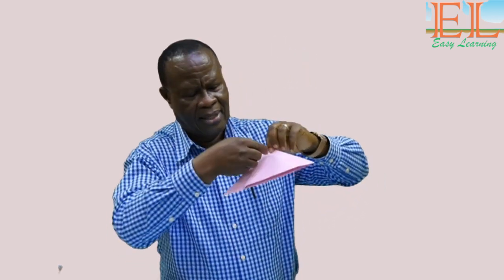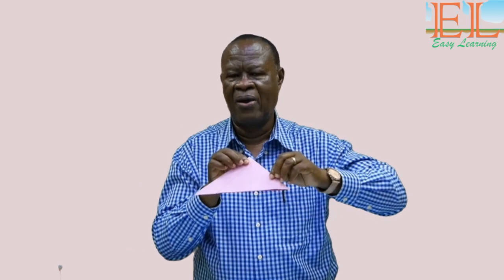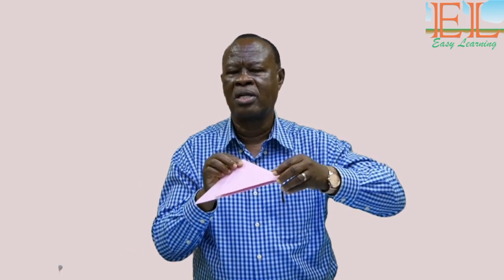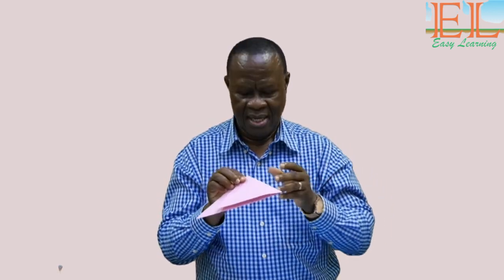Look at the lines. So look at this line here, look at that line here, and then you see that we are getting the same area. The area from this line is giving us the same area as that line. So that will give us one line of symmetry where we are folding on the vertex where we have the 90 degrees.